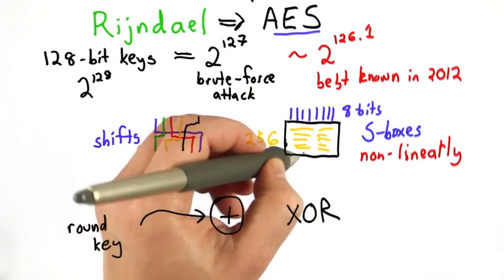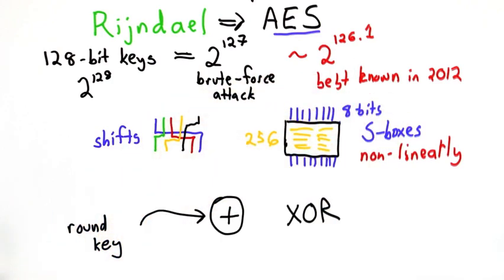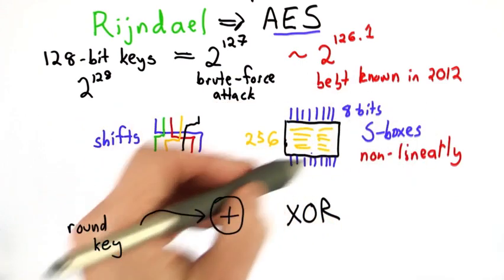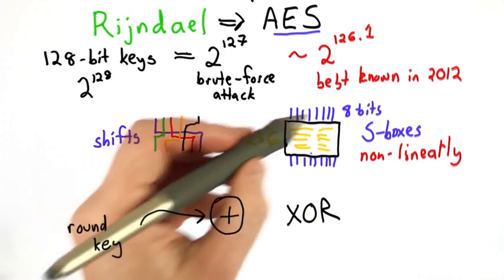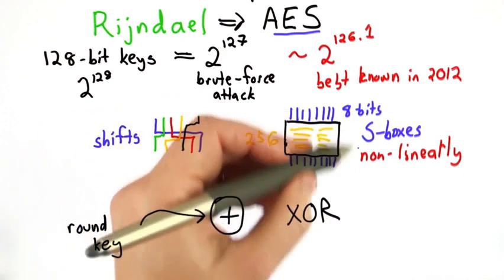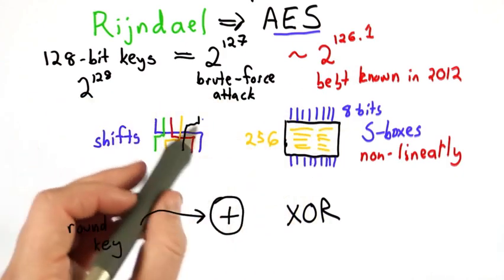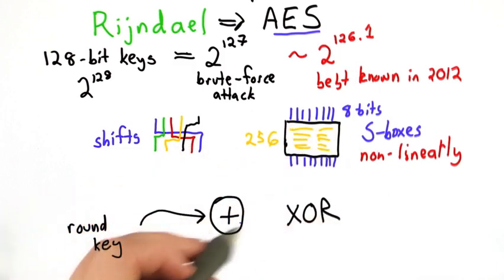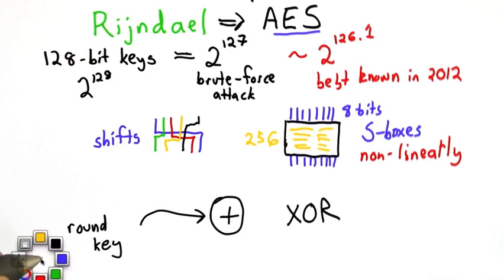Designing that lookup table is a challenge. We want the lookups to be as nonlinear as possible and make sure there are no patterns in the data in this table. The way AES works is combining shifts and S boxes with XOR to scramble up the data, going through multiple rounds.